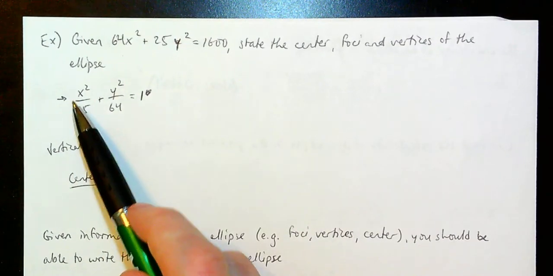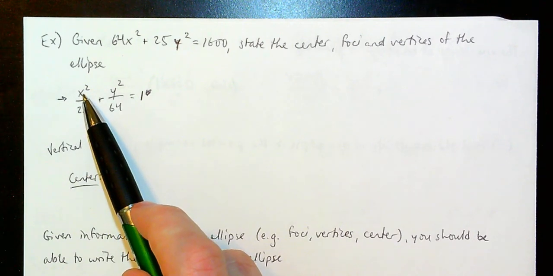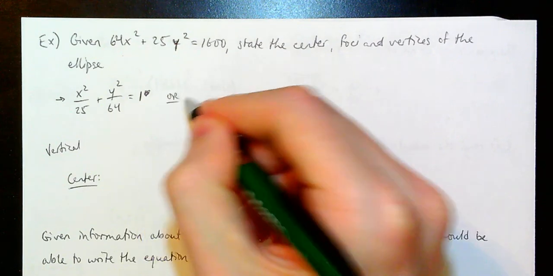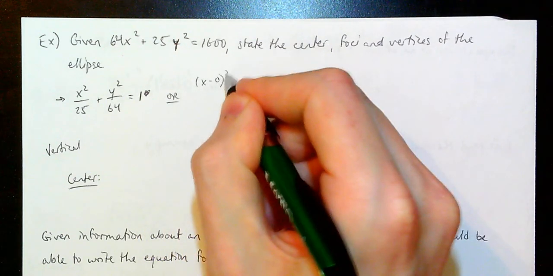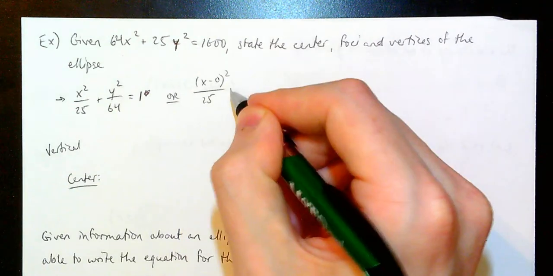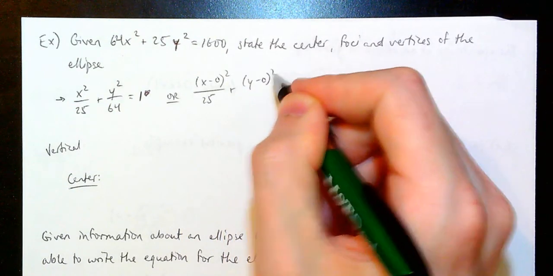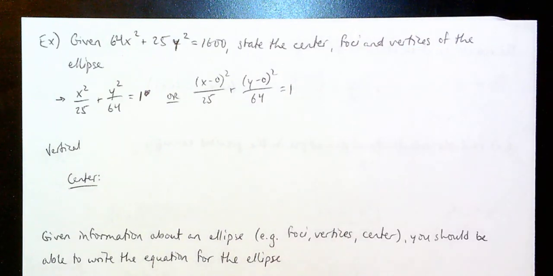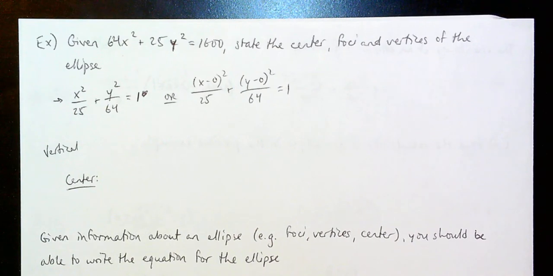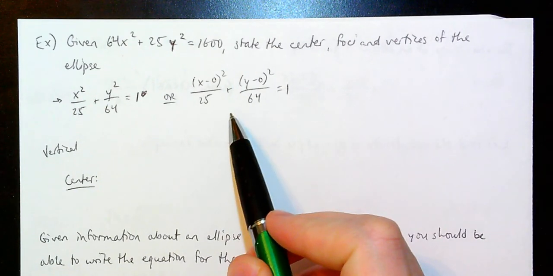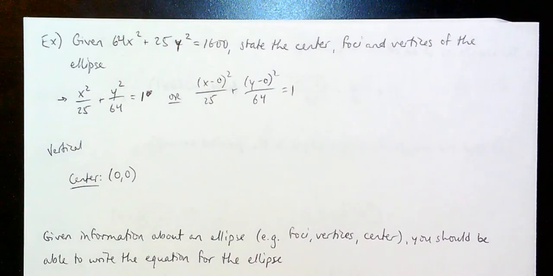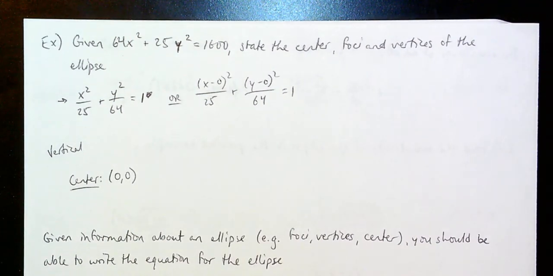Well, we can think of x as just x minus 0, and y as just y minus 0. It's just a slightly different way in which we write them. So it might be easier to see that our center here is going to be the origin, the point 0, 0.